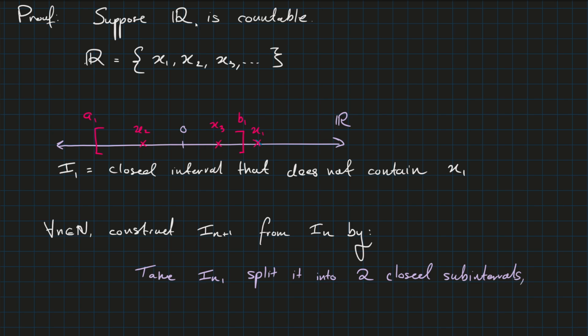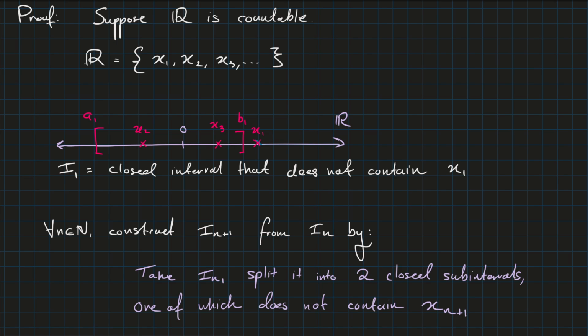Let's say one of which does not contain x_{n+1}. Okay, what does that mean?